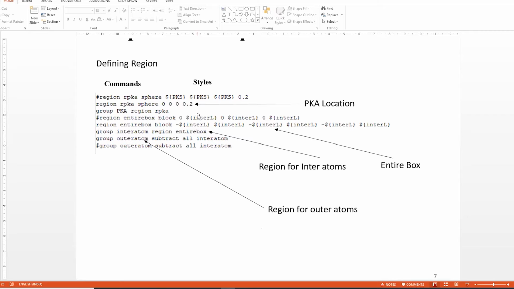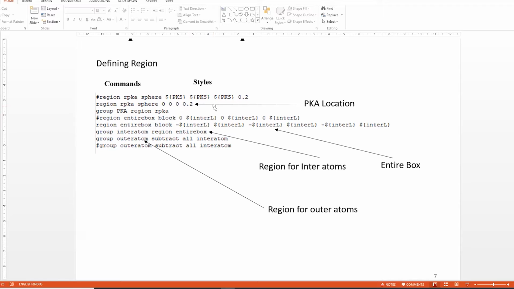Next, in my simulation, I am choosing one of the atoms as a PKA. I will tell what is PKA. PKA is a primary knock-on atom. Okay, so here in this second line, region RPK sphere 0, 0, 0 and 0.2. So it is the location of the PKA, that is primary knock-on atom. So now I have the entire box full of carbon atoms.